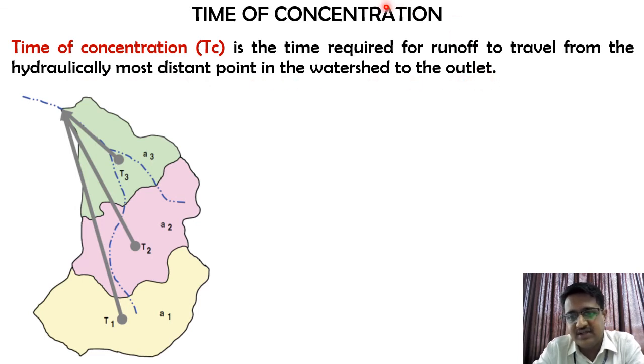Here I am purposefully using different terminologies, so let us read this once again. Time of concentration is the time required for runoff to travel from the hydraulically most distant point in the watershed to the outlet. So what do you mean by this?